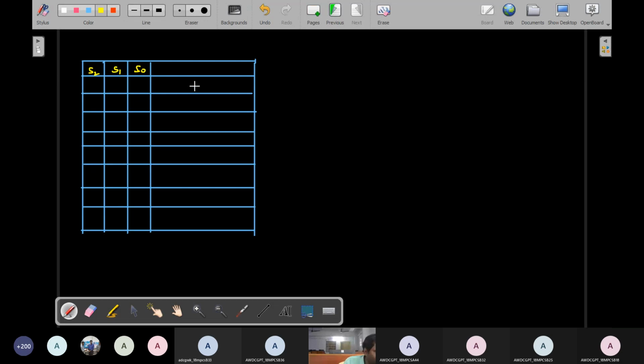And the output here is Y. There are 8 possibilities, so I simply write the 8 digital possibilities: 0 0 0 0 1 1 1 1, 0 0 1 1 0 0 1 1, and 0 1 0 1 0 1 0 1.